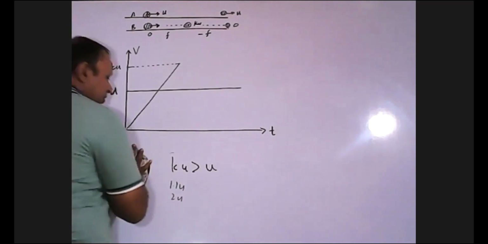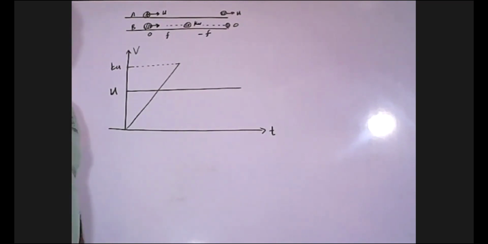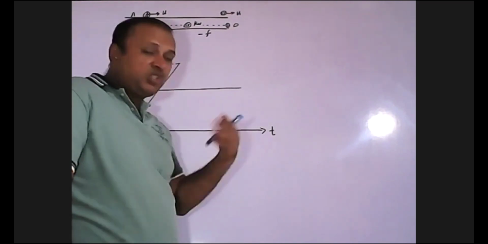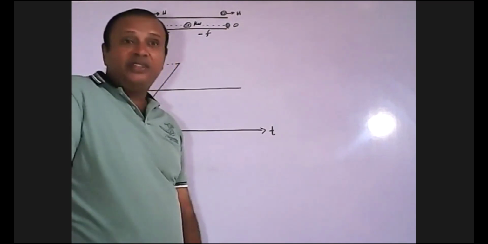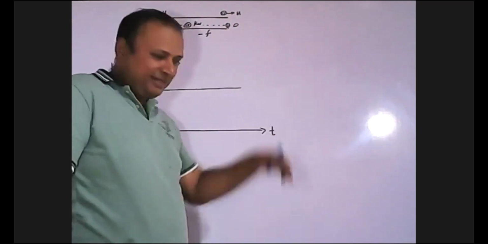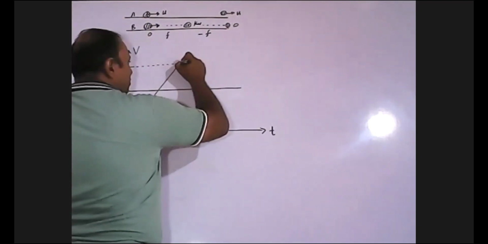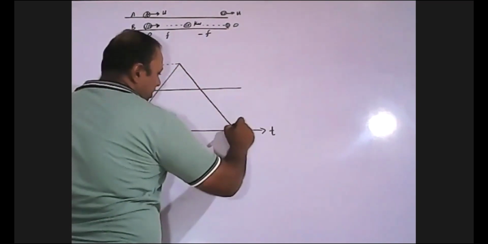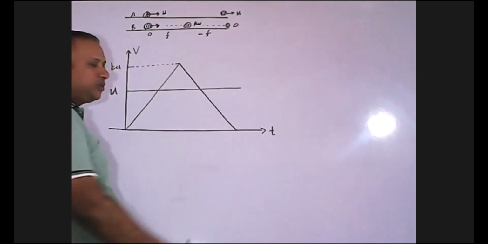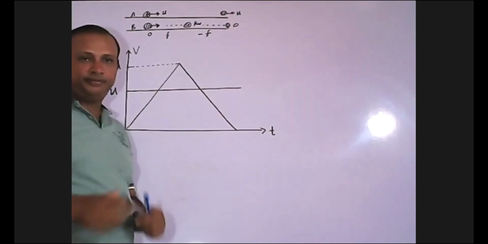Once this velocity is achieved, then the train B starts to decelerate, and after the deceleration, it comes to the rest at the next stop.